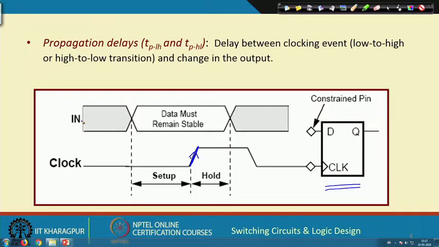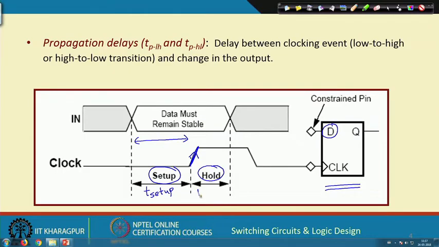Now, the input data is only a single data D. What I am saying is that before the clock edge comes, my input data must remain stable for at least a time equal to T setup. This is my setup time. And after the clock edge has come, I must maintain the data stable for another duration of time.